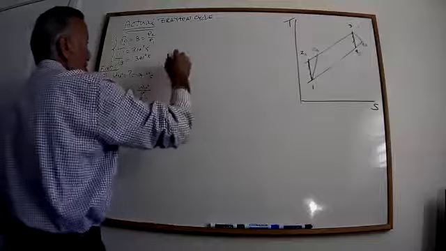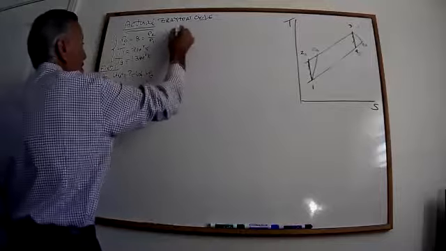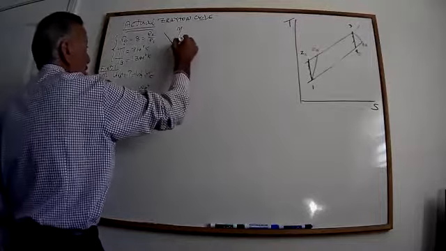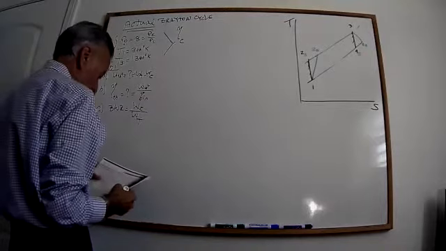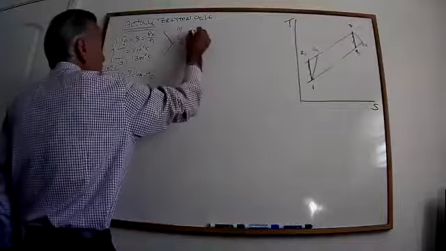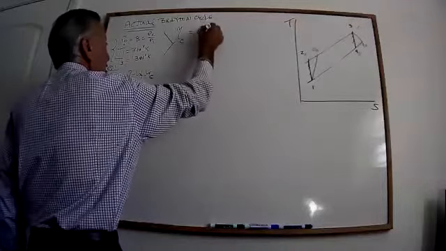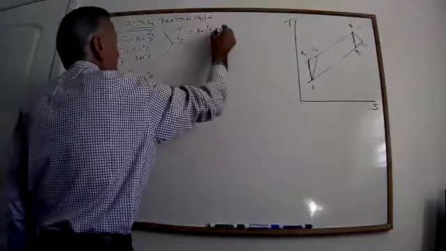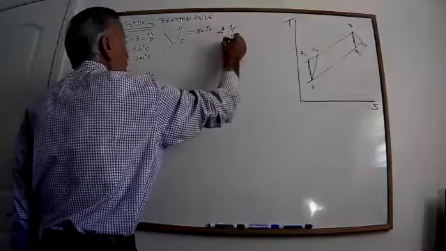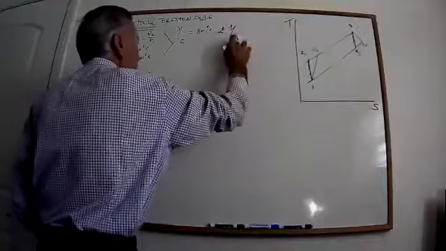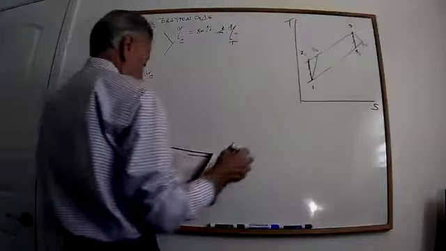Now, besides this, they're also giving us that the efficiency of a compressor is 80%, and the efficiency of a turbine is 85%.